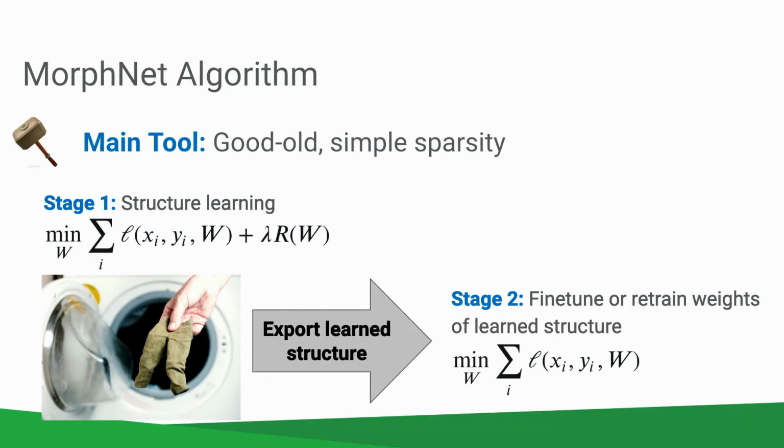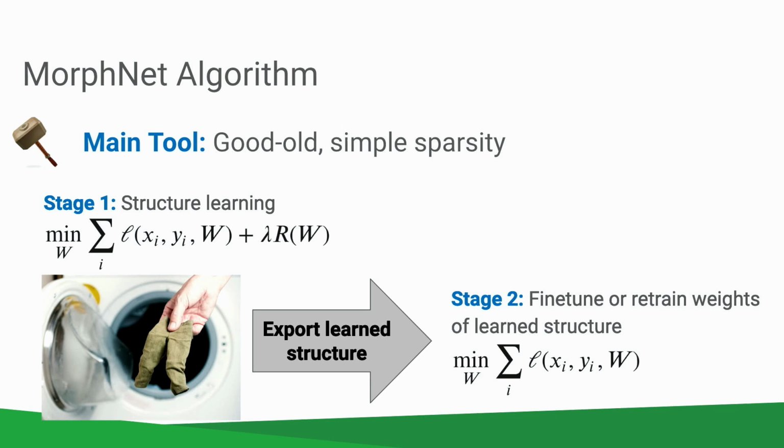So now that we have a little bit of background about the sparsifying regularizer, I can tell you the high level of the algorithm. The algorithm will consist of 2 stages. The first stage, we think of as a structure learning phase, where you train your network and the only difference is that you add a regularization penalty, this R(W), that we'll talk about later, with some coefficient, lambda.